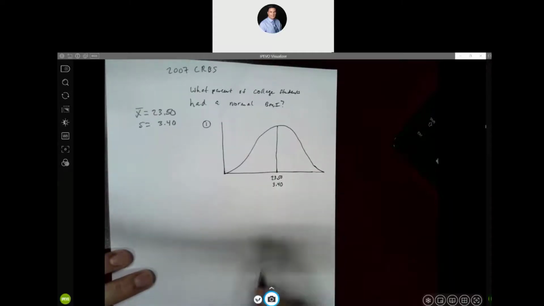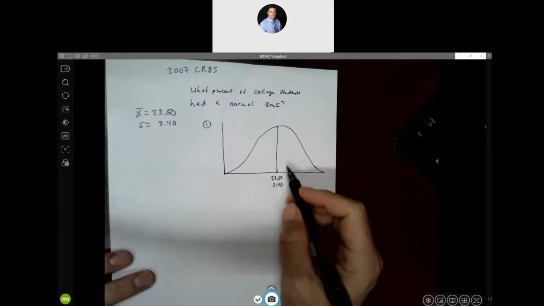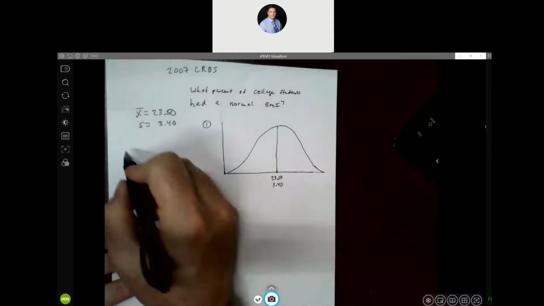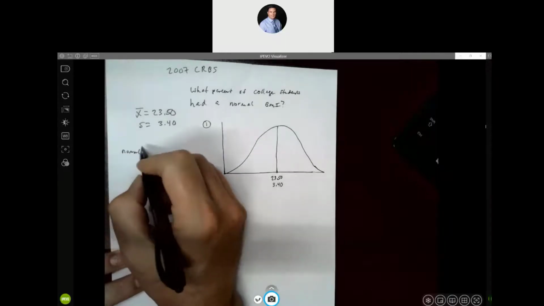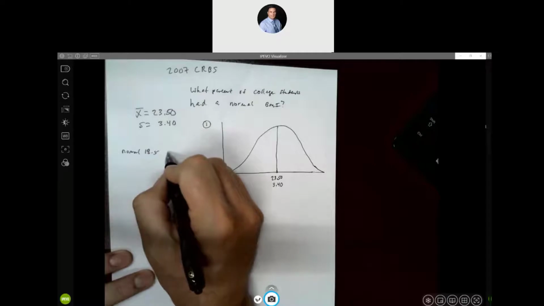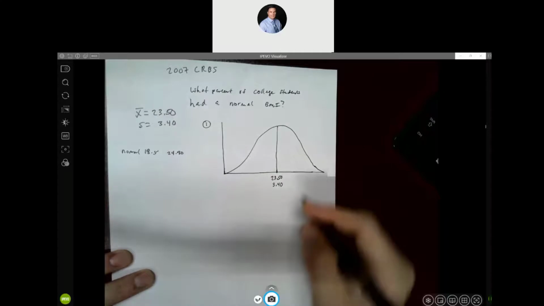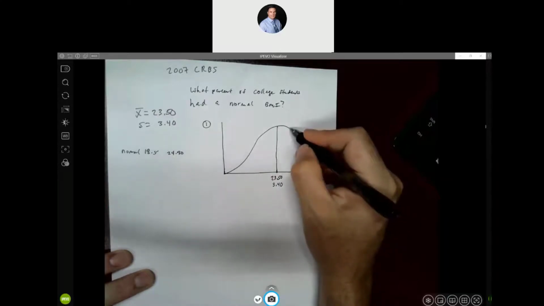The next step after you put in the mean and the standard deviation is you're going to draw what you're interested in. And remember, a normal BMI is between 18.5 and 24.90. So let's draw in what we're interested in.